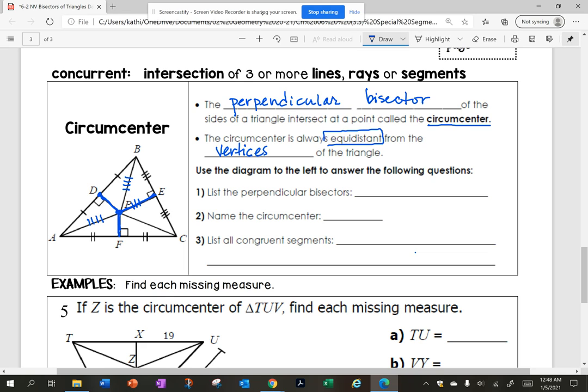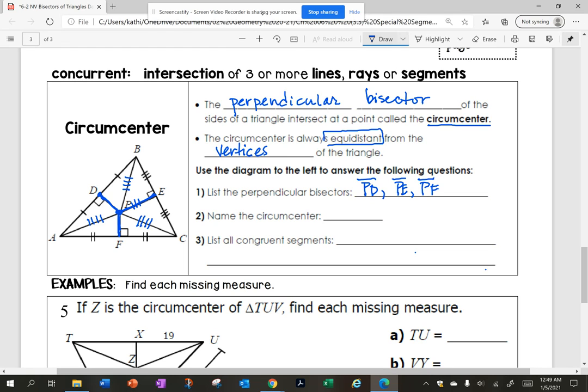And then the hypotenuse in each of these triangles is all equal. So these are the perpendicular bisectors: segment PD, segment PE, and segment PF.